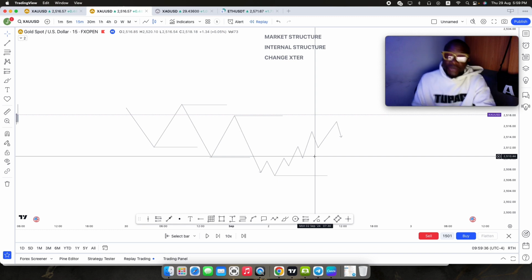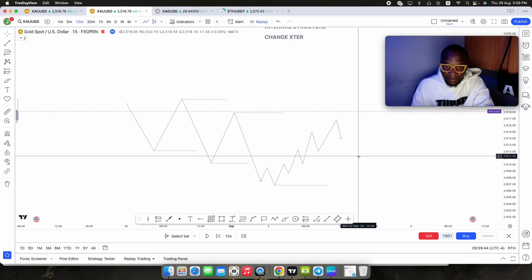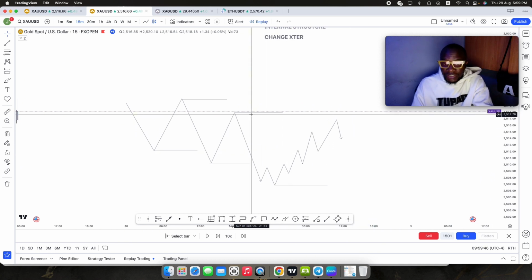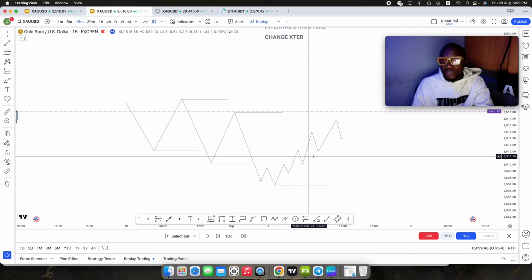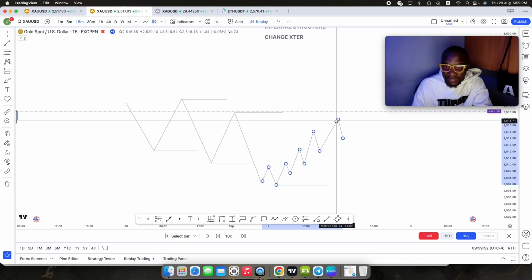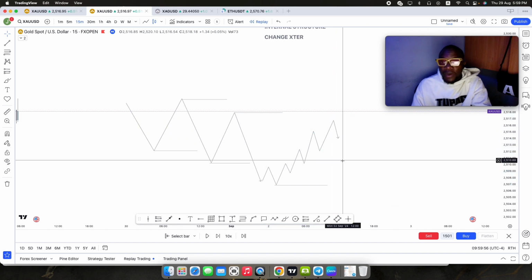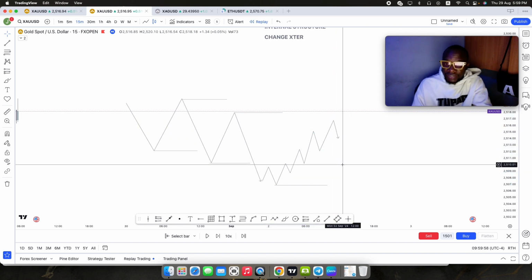Let's say you are on a bearish move and you want to know when the market is about to pull back. Then you have to check on this internal trend, because now you know that our major trend is bearish. For you to join this move, you will make sure that your internal trend is also going to be bearish, otherwise you might be trading against the trend.